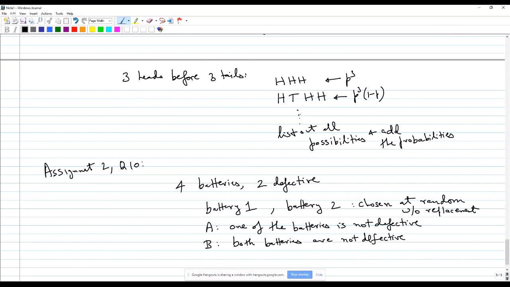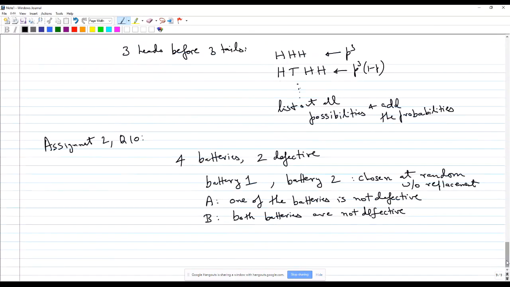That's very important. It will make it much clearer. If you're not used to that, that's a very important skill to pick up when you solve problems.